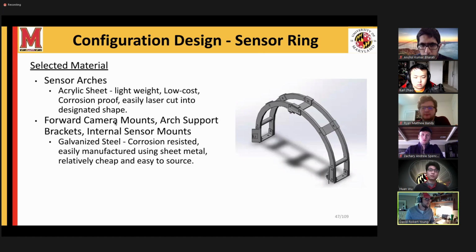We finally picked acrylic sheets for its ability to cut easily into its design shape, its light weight, and low cost. We plan to use galvanized steel sheet for the brackets because of its corrosion resistance, strength, and easy manufacturing into its shape, using a sheet metal press to form the angles.